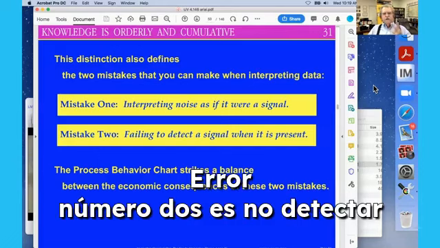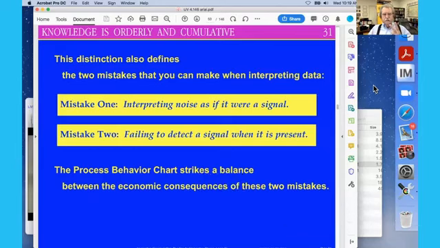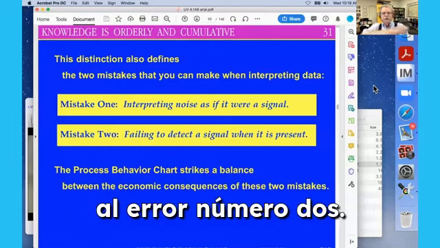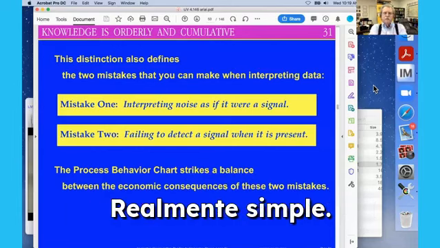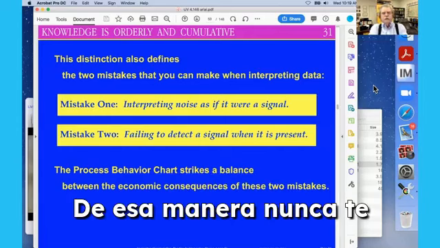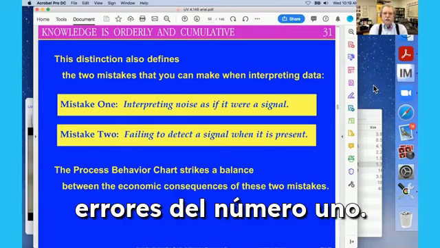Mistake number two is failing to detect a signal when it is present. Now, we can have a perfect record with respect to mistake number two. Really simple. Interpret everything as a signal. That way you'll never miss a signal, but you sure will make a lot of mistake number one.